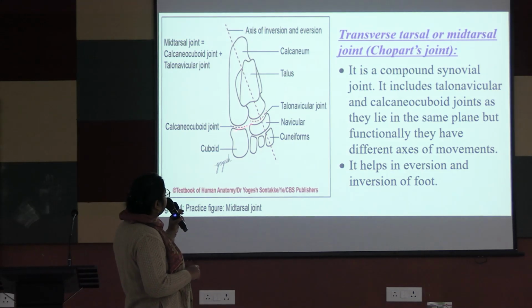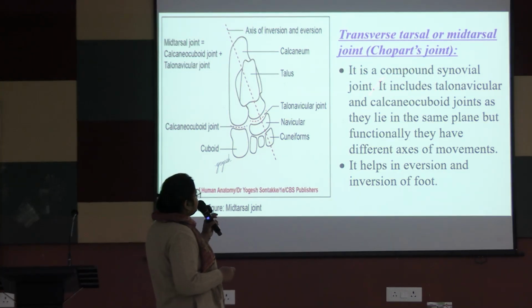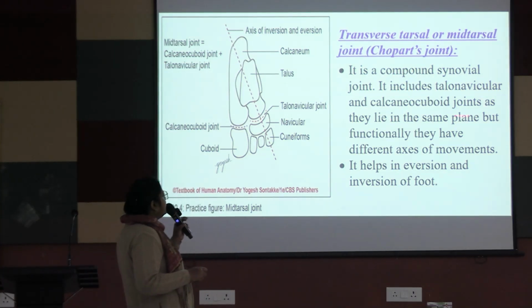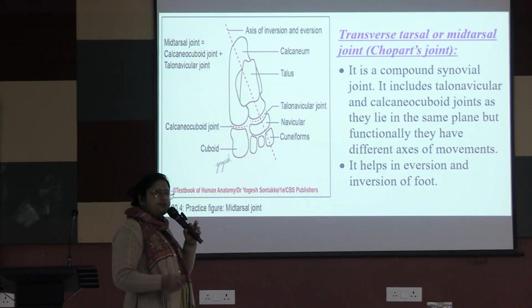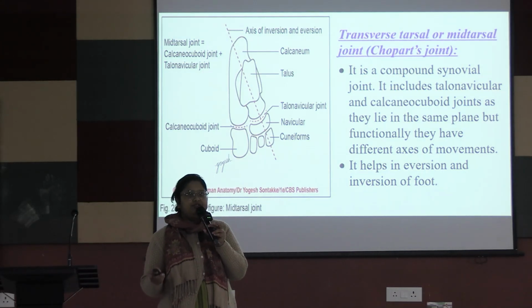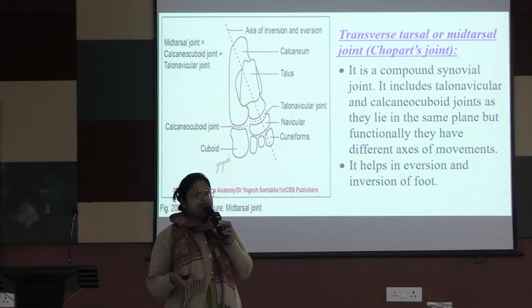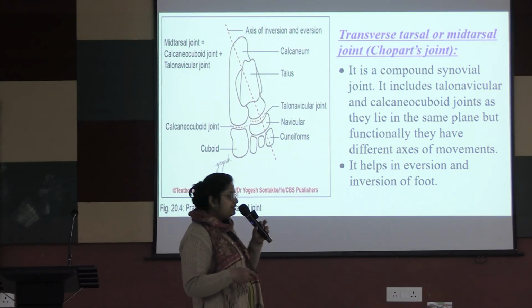These two together form the transverse tarsal or mid-tarsal joint. These joints lie in the same plane, but functionally they have different axes of movement, and it helps in inversion and eversion of the foot. The main two joints involved in inversion and eversion are the subtalar joint and the talocalcaneonavicular joint, and this mid-tarsal joint helps in this movement.